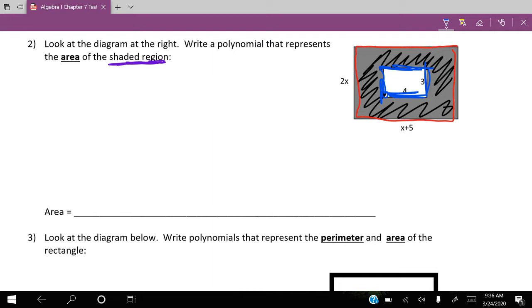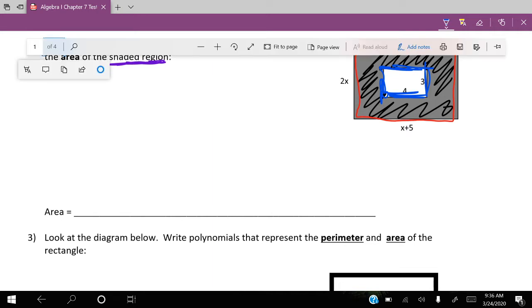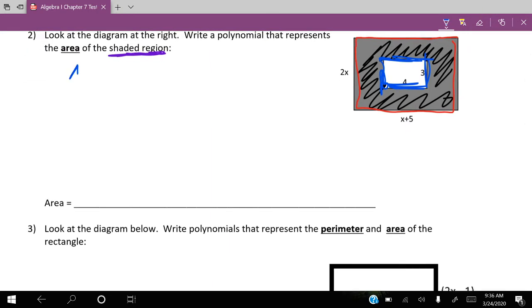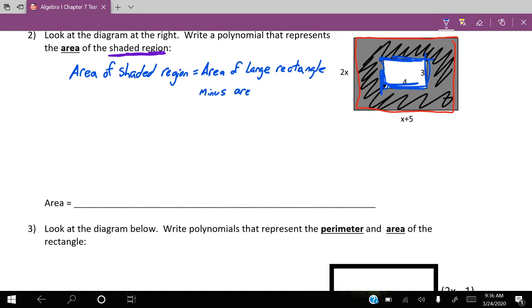So what we're going to do, and I'll write it out for this, area of shaded region equals area of large rectangle minus area of small rectangle.